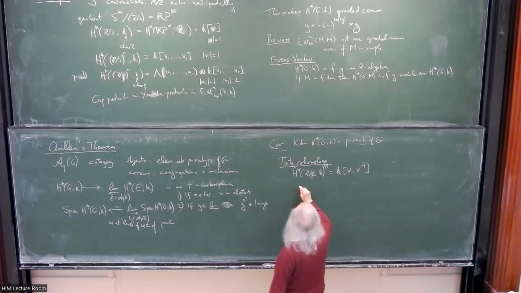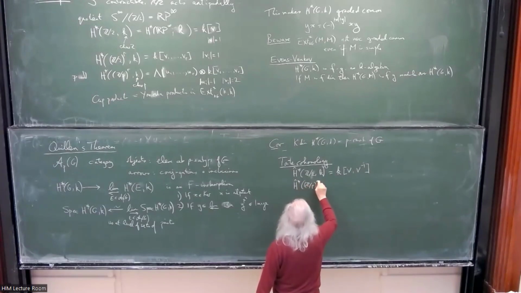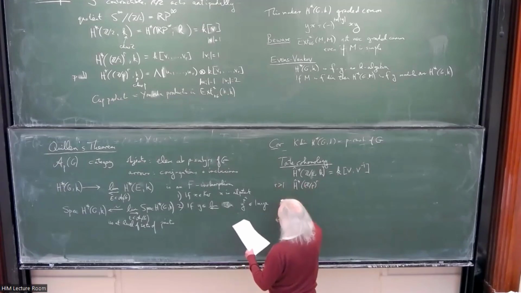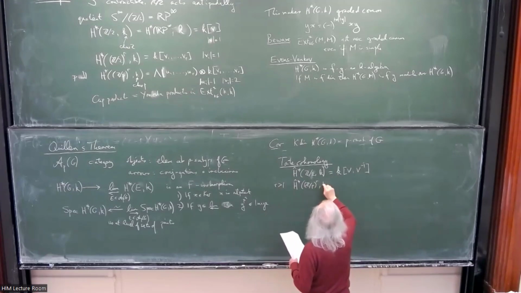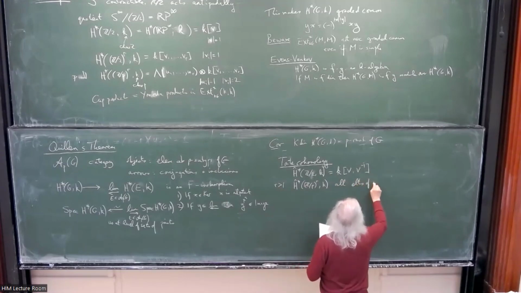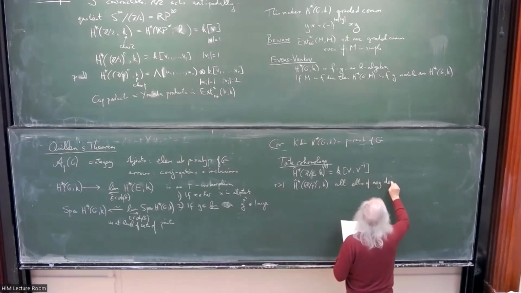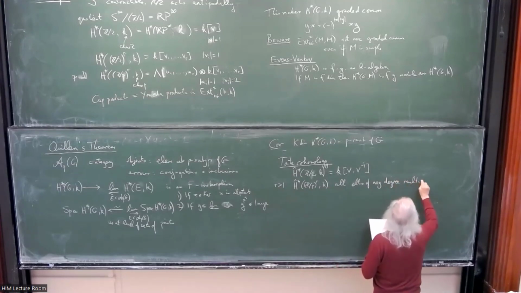However, if r is bigger than 1, all elements of negative degree multiply to give 0.